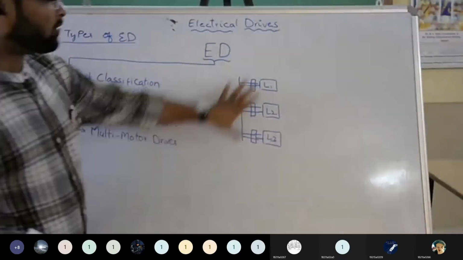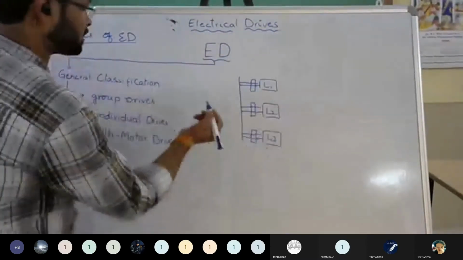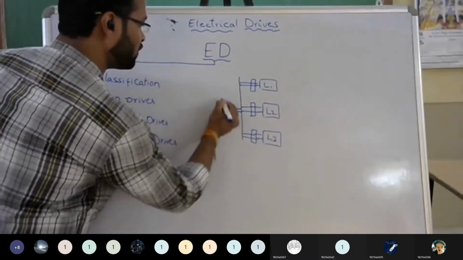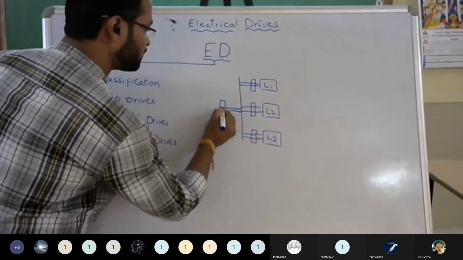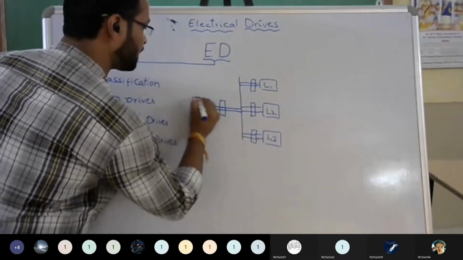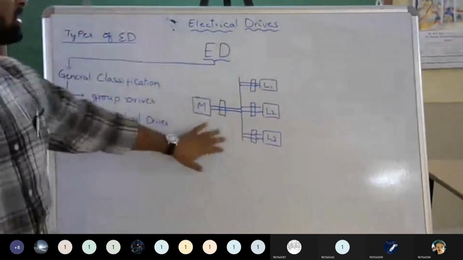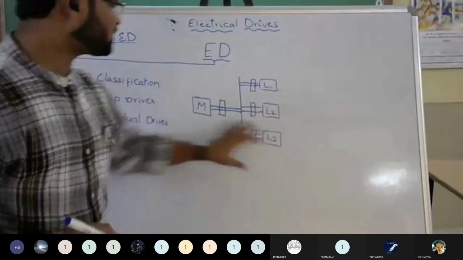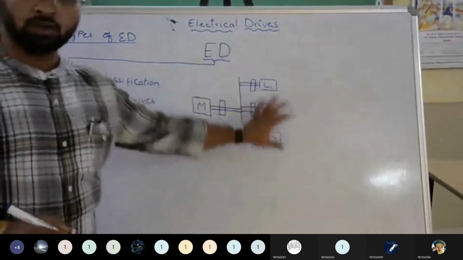So these are the group of drives. To drive these, suppose we are using only one motor. I will take the motor as M. So one motor is driving the group of loads. That's why we call that a group drive.